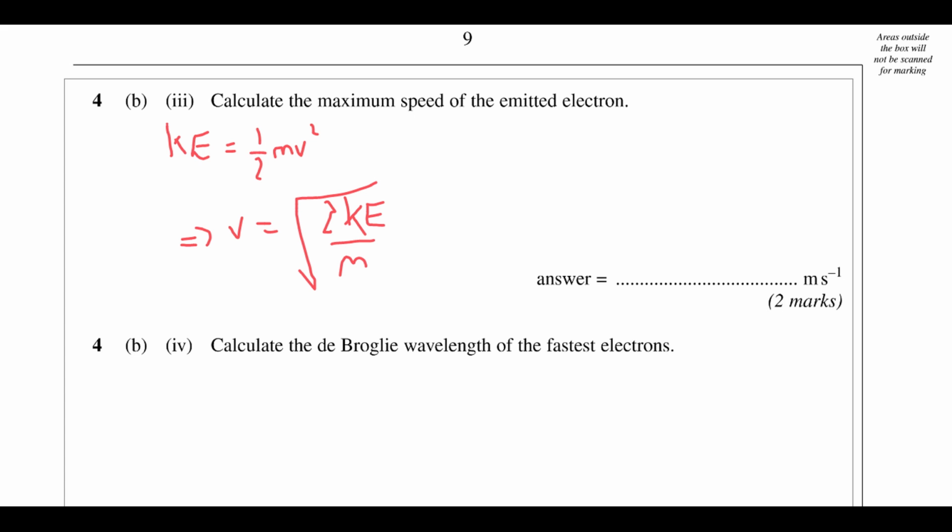And if we do that, we end up with 7.1 times 10 to the 5 meters per second there, once we put all the values in, like the mass of the electron and our kinetic energy.